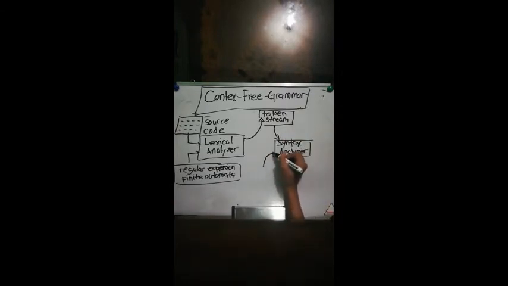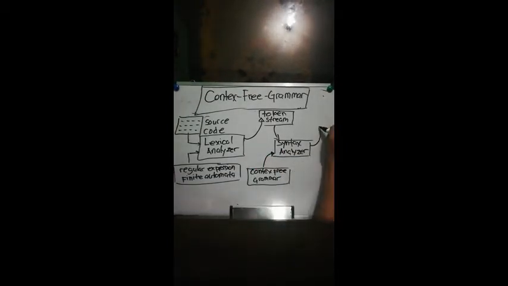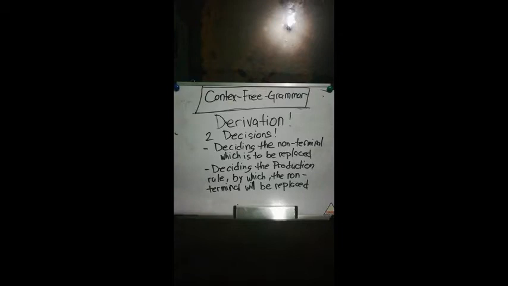A derivation is a sequence of production rules. In order to get an input string during parsing, we take two decisions for some essential form of input, which are deciding the non-terminal that is to be replaced and deciding the production rule by which the non-terminal will be replaced.